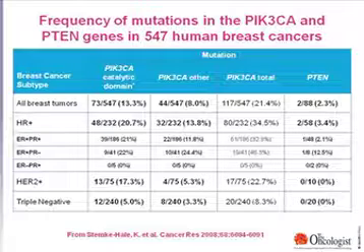And how frequent are these mutations in breast cancer? So overall, the proportion of mutations in breast tumors is about 20%, 20 to 25% if you take all the samples.